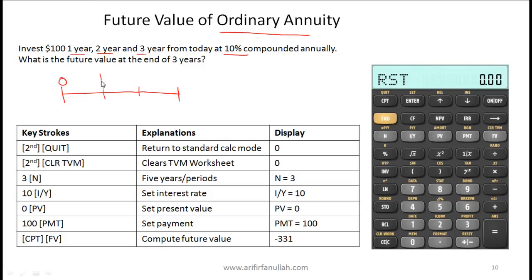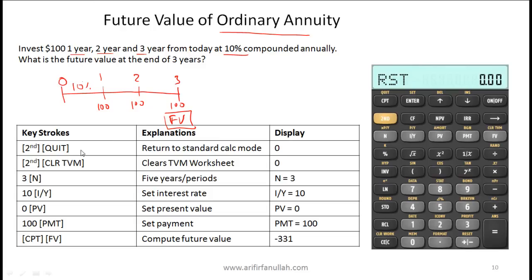So time 0, time 1, time 2, time 3. Interest rate is 10%. At the end of year 1, we have 100, then 100, then 100. So the future value means the equivalent amount of these 3 cash flows at this point in time.